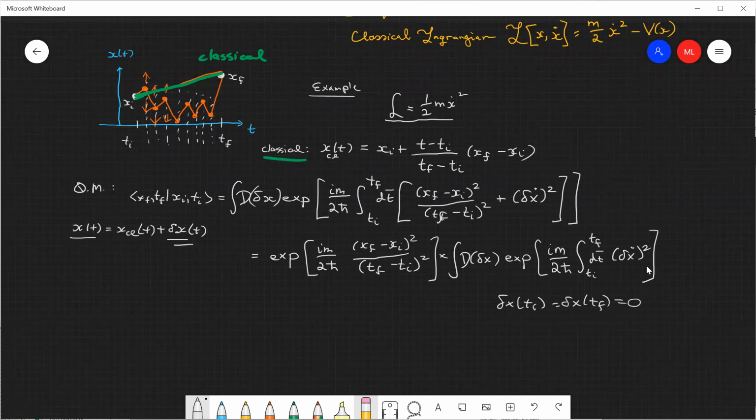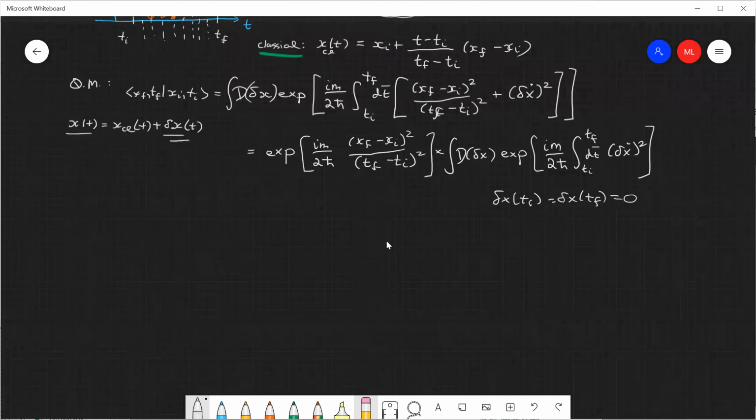So unsurprisingly, once you do this integration, you get a square root of the stuff out in front here. But I'm not going to do it. Maybe I'll do it in recitation, but I won't do it right now.